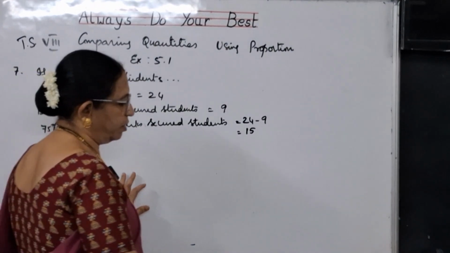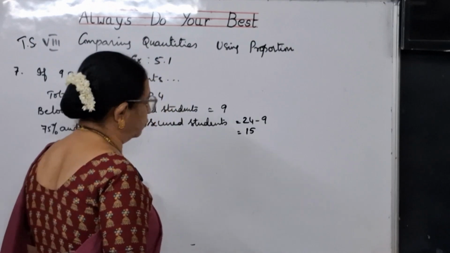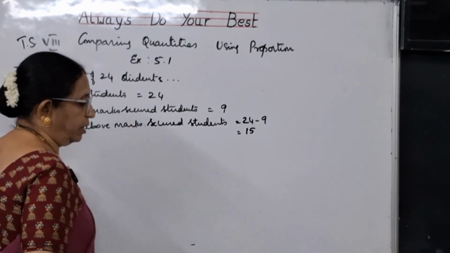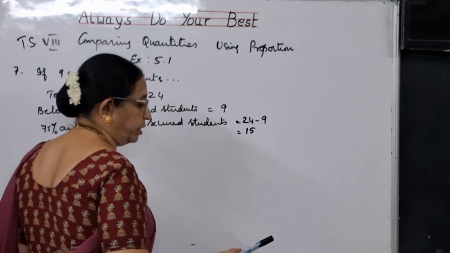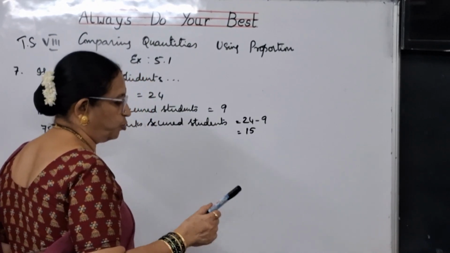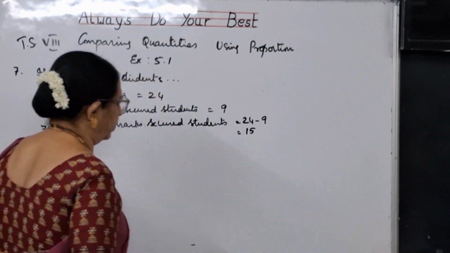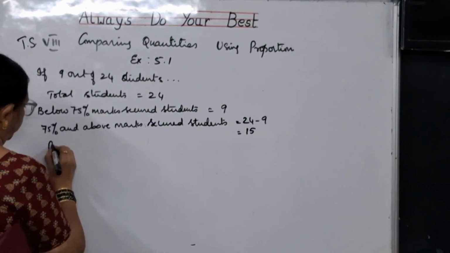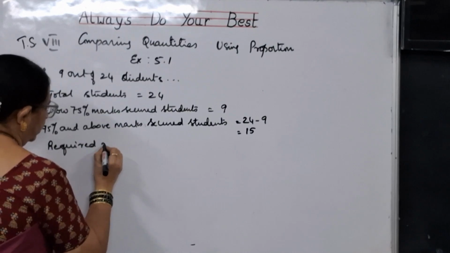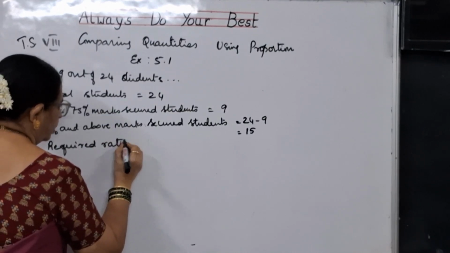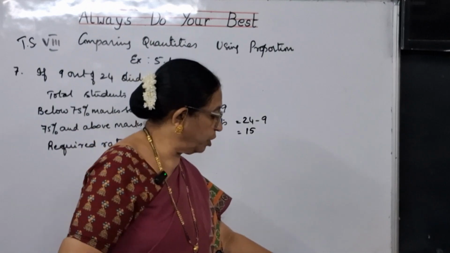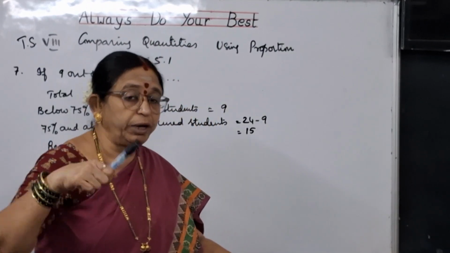Now the question is, find the ratio of the students who secured below 75% to the students who secured 75% and above. So what is the required ratio? The required ratio is equal to, what they said first: find the ratio of students who secured below 75.